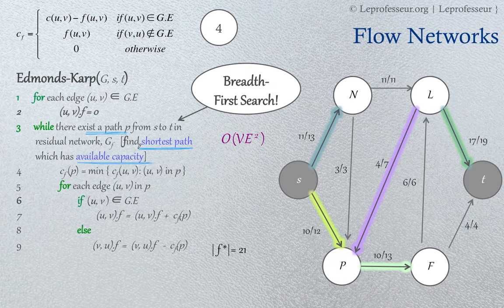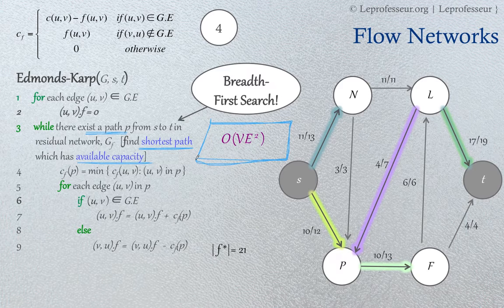So we can find the maximum flow value faster, in the order of V multiplied by E square, and that was a brilliant idea.